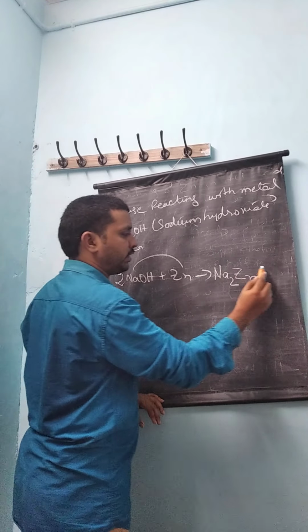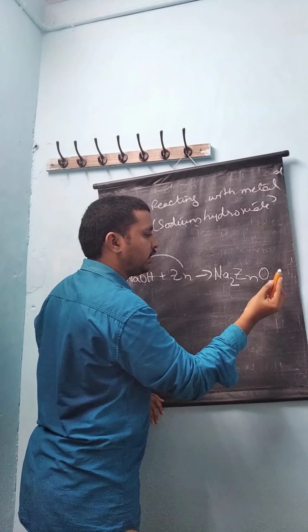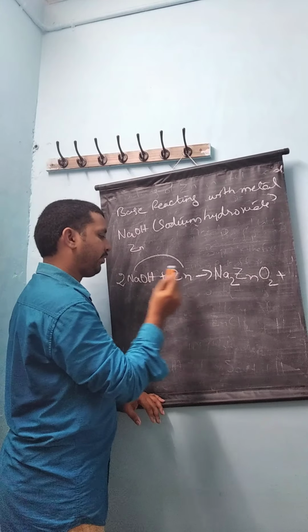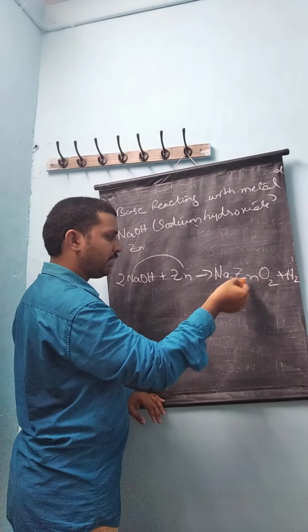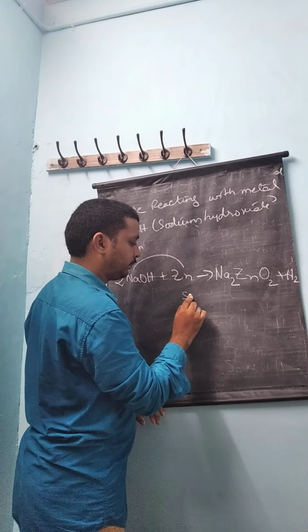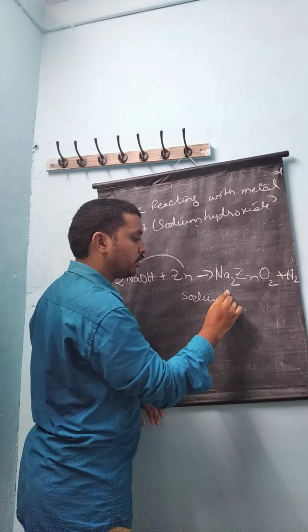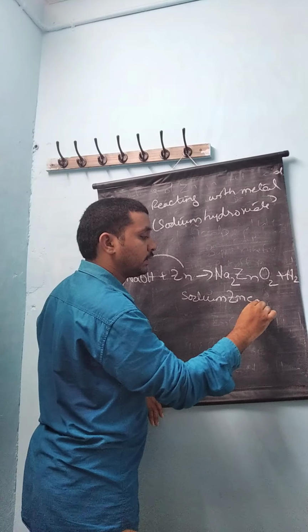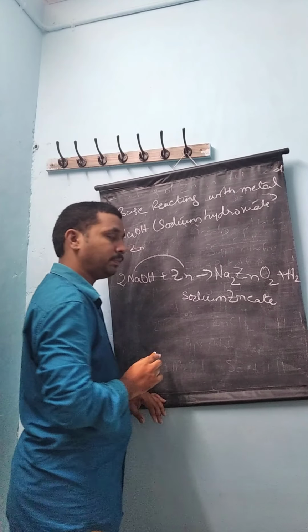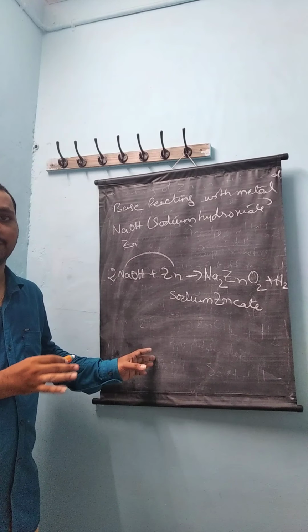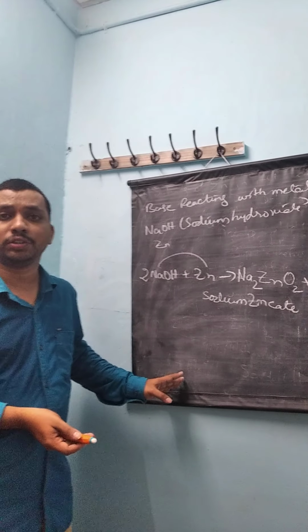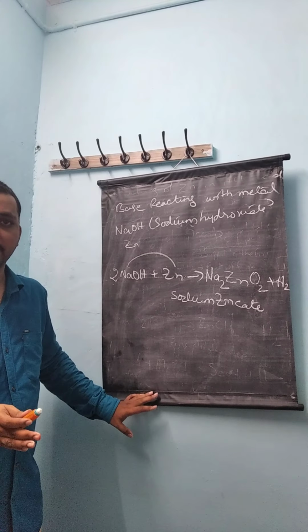Two oxygens, so it becomes O2. And what is left here? Hydrogen gas. The name of the compound is sodium zincate.